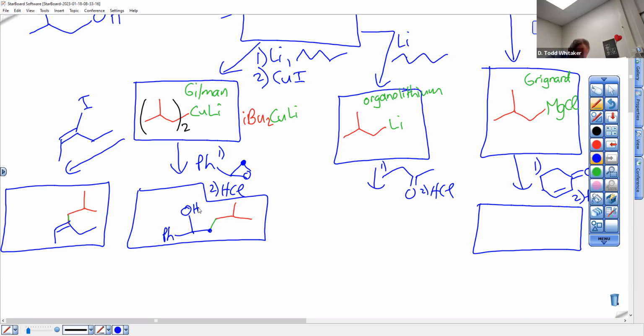And, oh, I lost a box. There you go. So new group, new bond, carbon, carbon, O minus becomes OH.